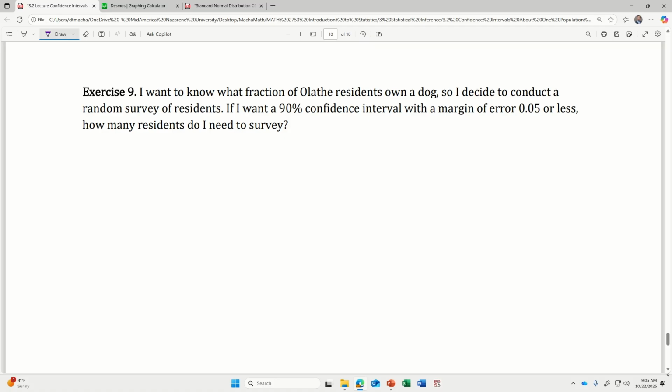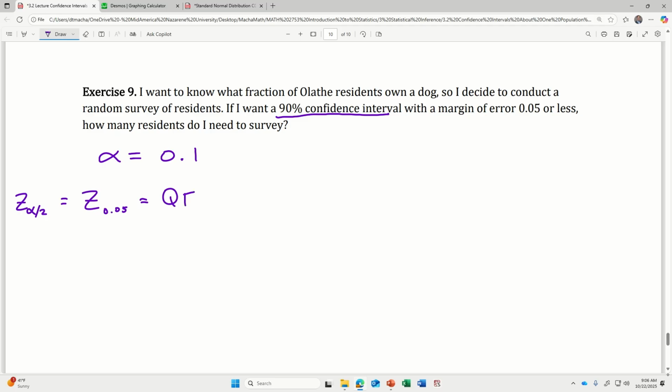So step 1 is already taken care of. I decided I wanted 90% confidence. If my level of confidence is 90%, my level of significance will be 0.1. Now that I have my level of significance, I'm going to calculate my critical value, which is z alpha over 2.